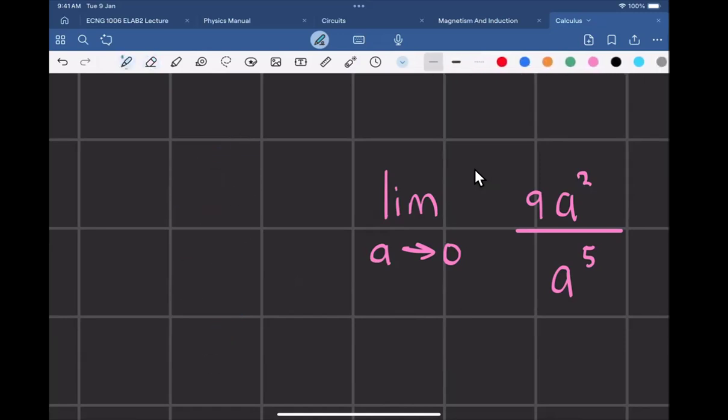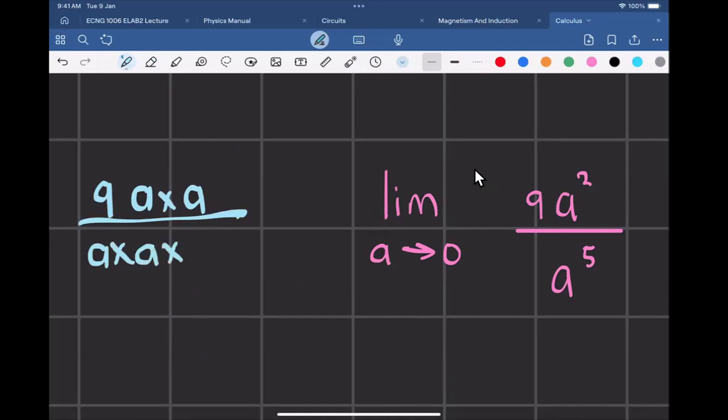Kira, another way you could think about it: I could go back to the starting line. I have 2 a's on top and I have 5 a's at the bottom. What happened? Two of the a's will cancel.